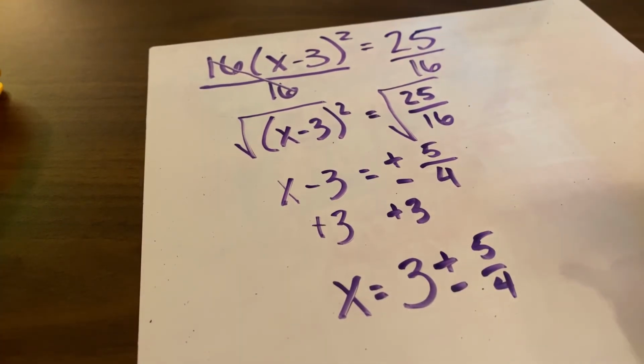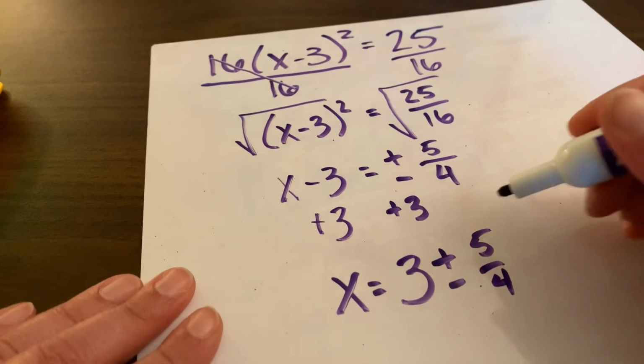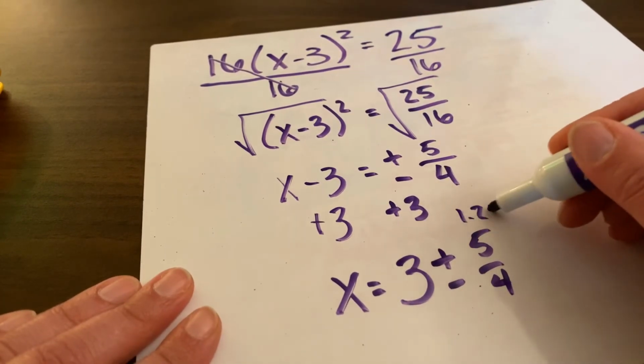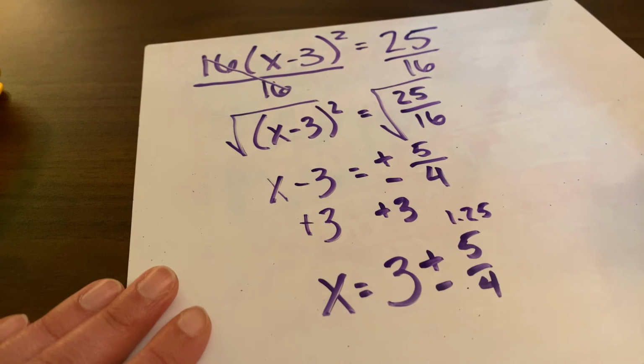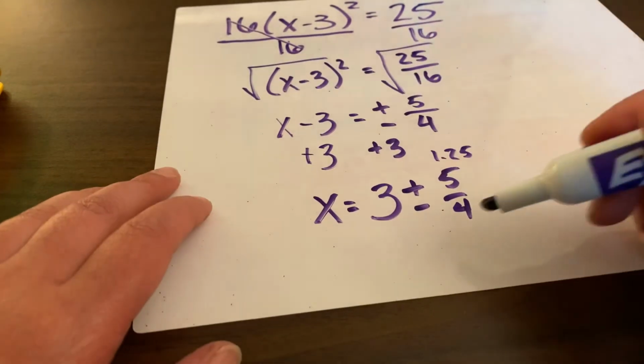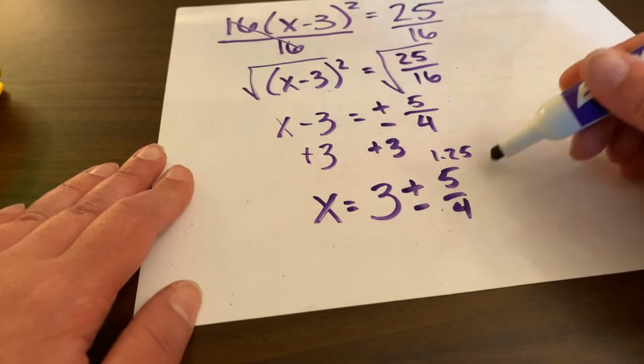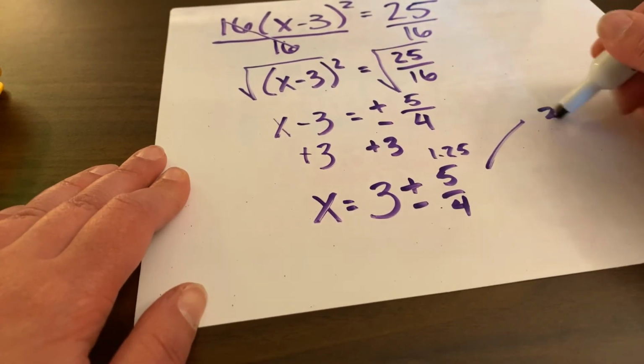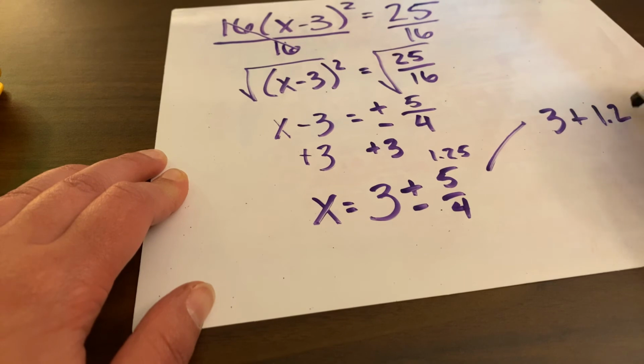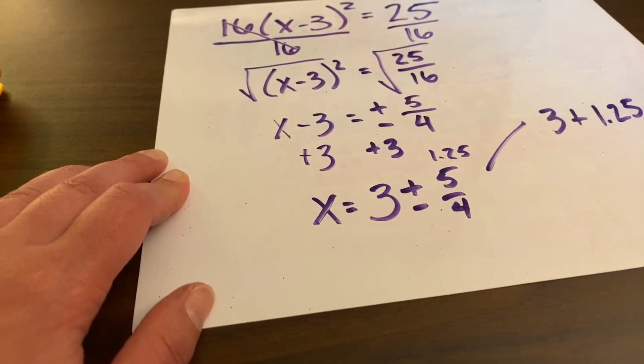Now, 5/4 is the same as 1.25, right? And we could find exact solutions here, right? We could do 3 plus 1.25 to get 4.25.